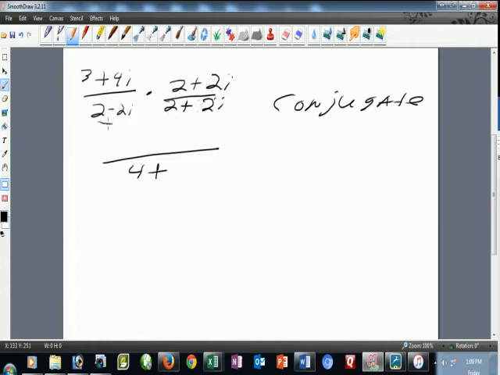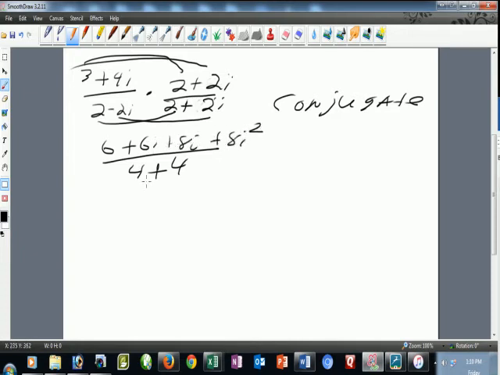2 times 2 is first, last, automatic. Now you've got to distribute this guy since he's not a conjugate: 6 plus 6i plus 8i plus 8i squared. Anytime you see an i squared, that becomes a minus 1, right?